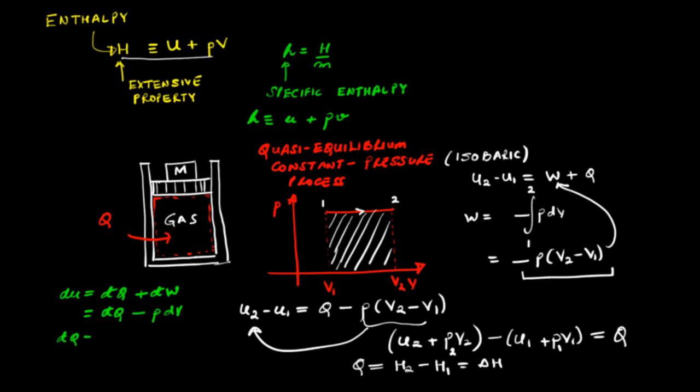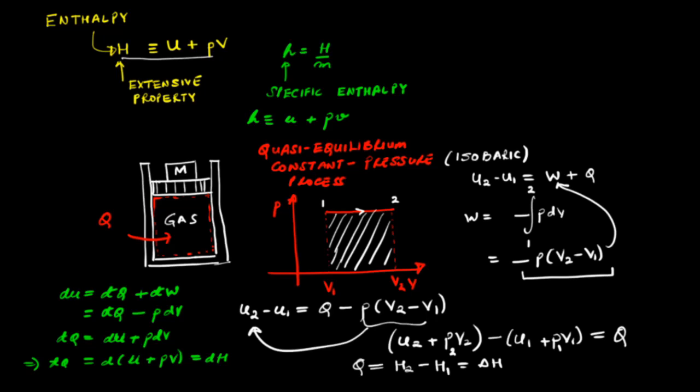Therefore, dQ is equal to dU plus P dV, and because pressure is constant, we can write this as d of (U plus PV). This is uppercase U because we are looking at extensive properties, and that is equal to dH. Therefore, the heat added to a system during a quasi-equilibrium constant pressure process is equal to the change in enthalpy.